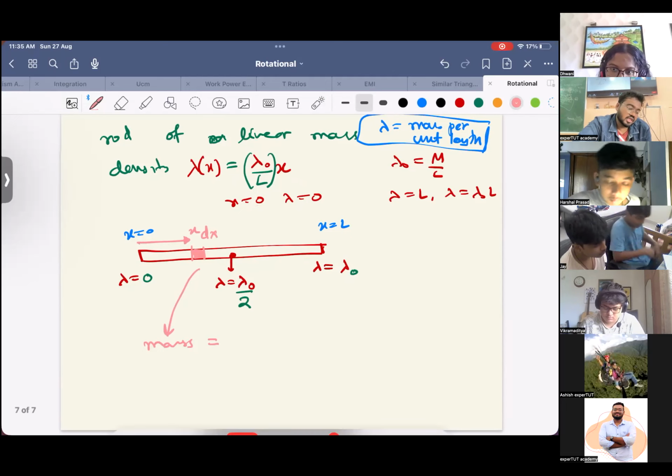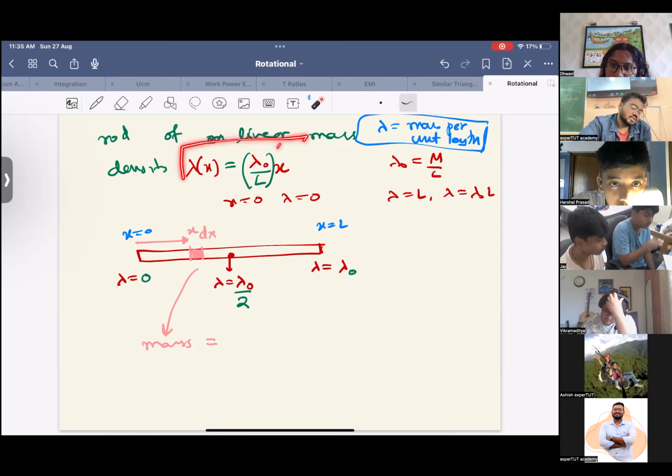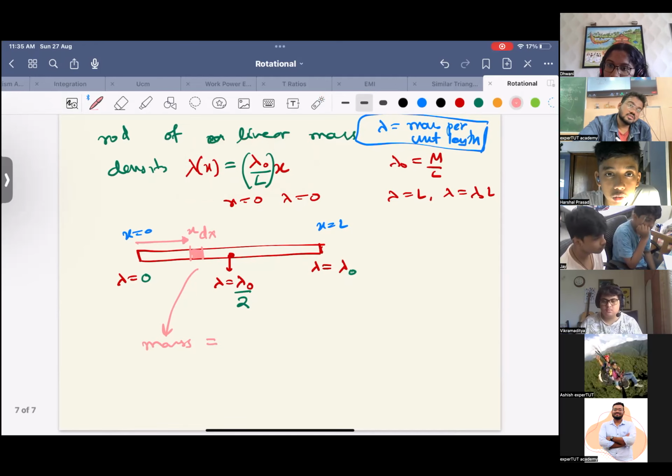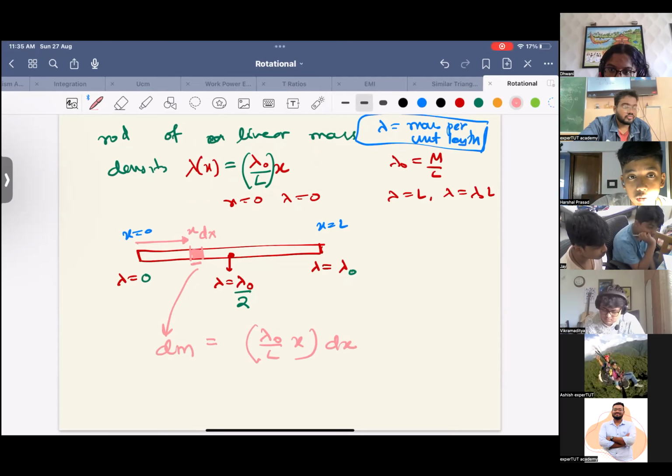What is the linear mass density here? At what distance is this? x. So what is its linear mass density? See, it is a function of x, right? It is lambda naught by L into x. This is the linear mass density. And what is the length of this particle? dx. This is the dm of this.